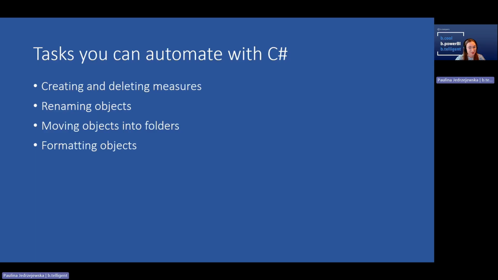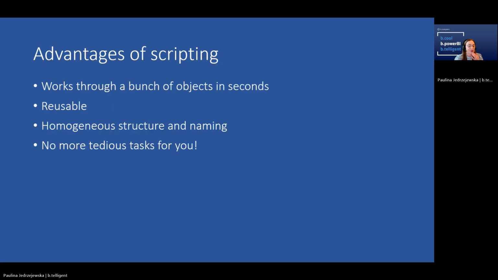So why should you use C#? C# is cool because, not like me or probably also you, it can walk through a bunch of objects in seconds. In Power BI, you click on a measure, you change the measure, and you wait.